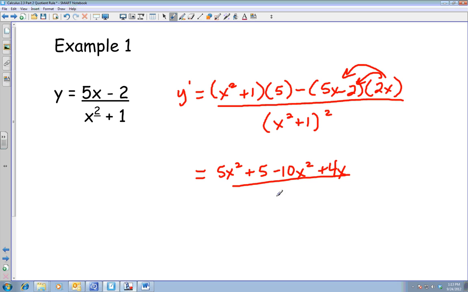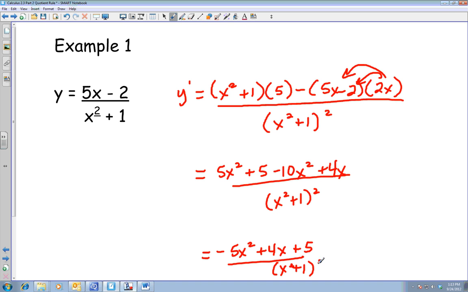All over my bottom term squared. Remember, we're always just going to leave that as something squared. And I'm going to combine like terms. I have a 5x squared, negative 10x squared. That gives me negative 5x squared plus 4x plus 5 all over my bottom term squared. And that's the quotient rule. Low d high minus high d low, cross the line and square the low.